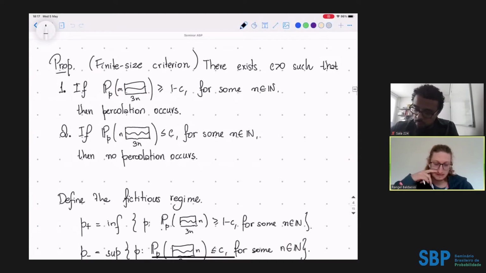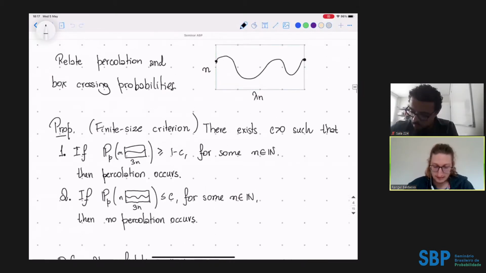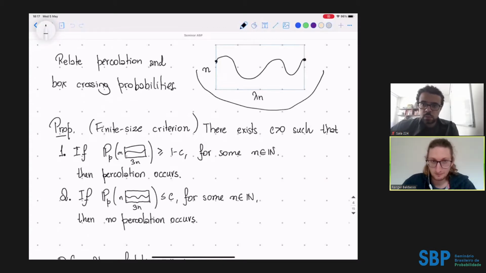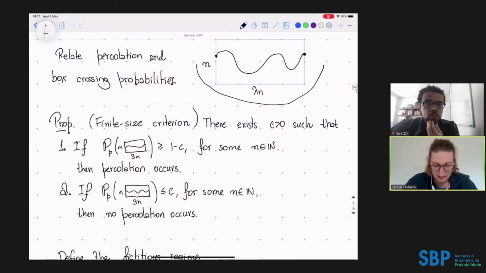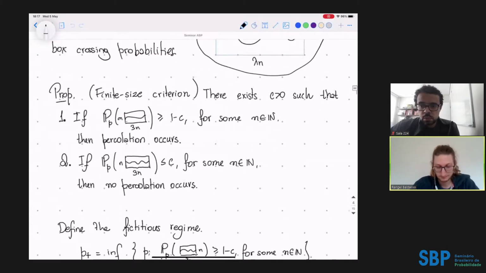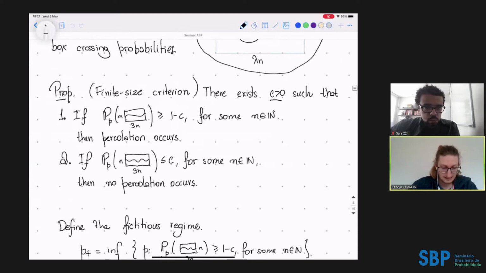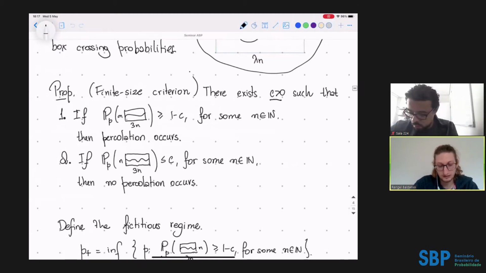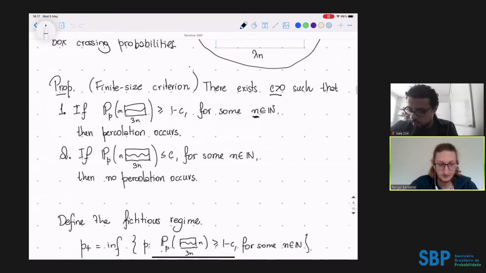And the first proposition that you prove is what's called a finite size criterion. So it relates probabilities of these crossing events here to the existence of percolation, so to a value of P being in the supercritical or in the subcritical phase. The finite size criterion says the following. There exists some positive constant C such that if you have a P such that the probability of crossing a 3n by n box is large enough, meaning larger than 1 minus C, for some value of n, then you have percolation.